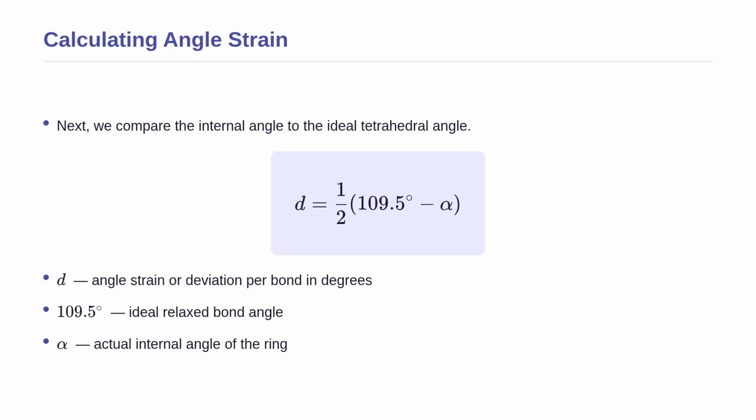Here, D represents the angle strain, which is the deviation experienced by each individual bond. We subtract alpha from the ideal angle to find the total distortion. Because this total distortion is shared equally between the two bonds forming the angle, we must divide the difference by 2. If the calculated strain D is a large number, the molecule is highly stressed. If it is close to 0, the molecule is stable.